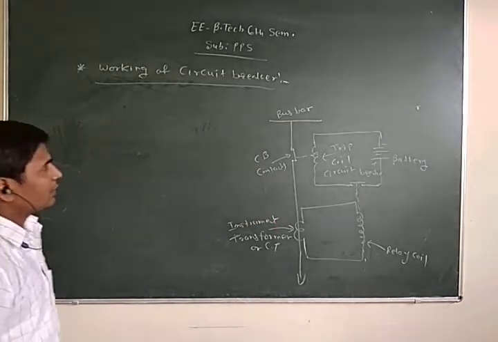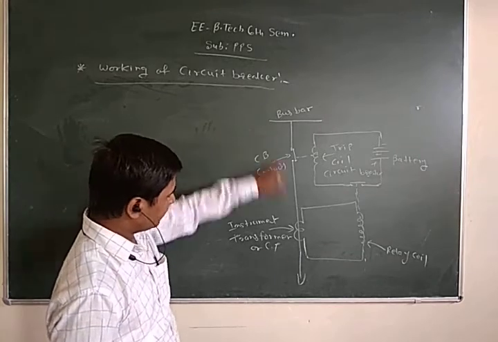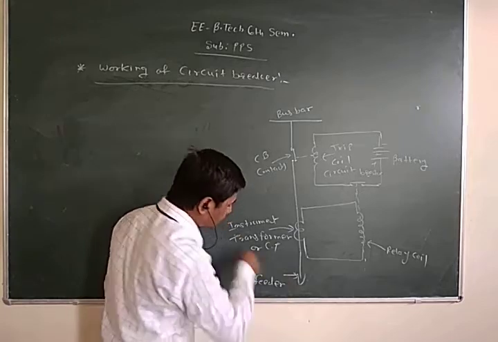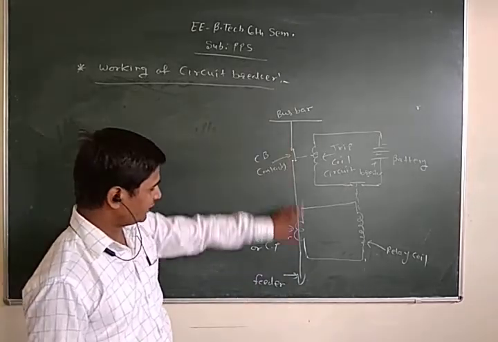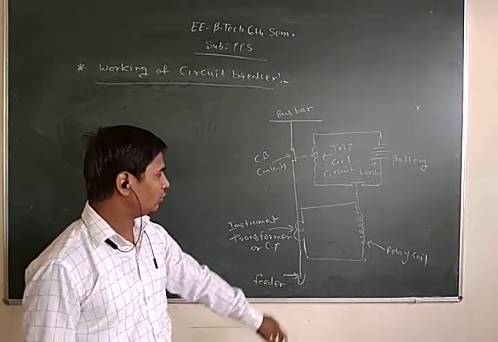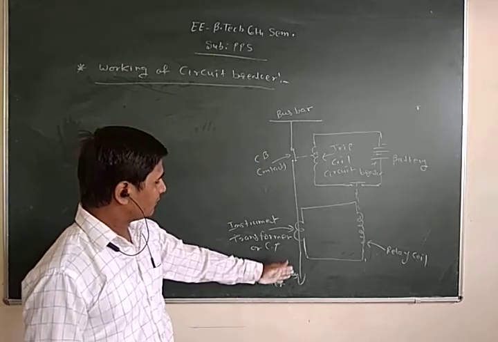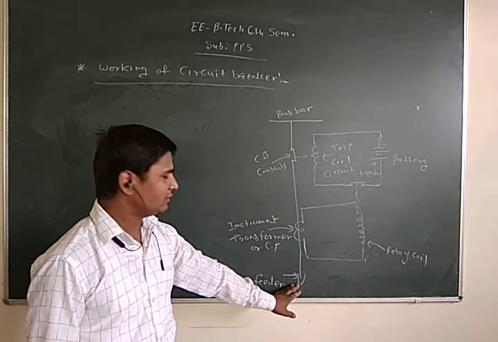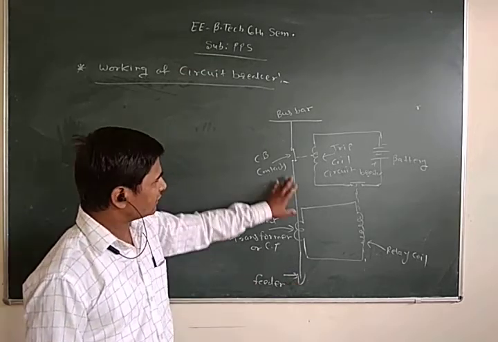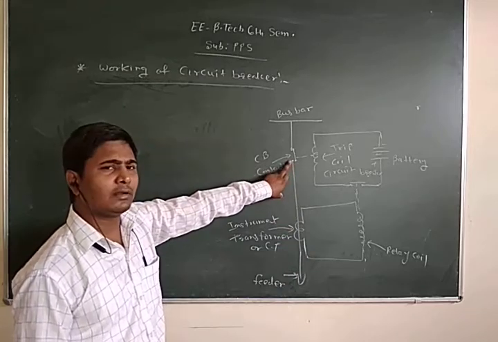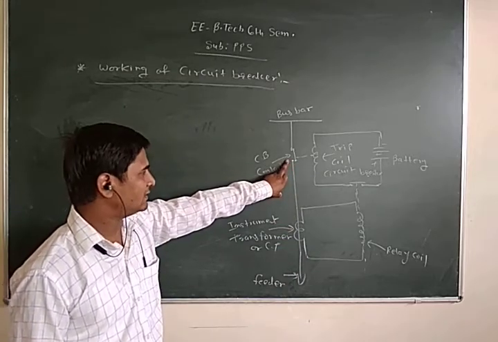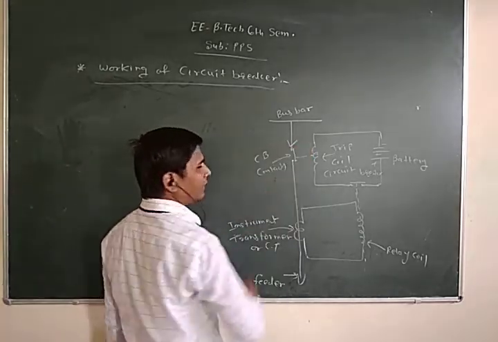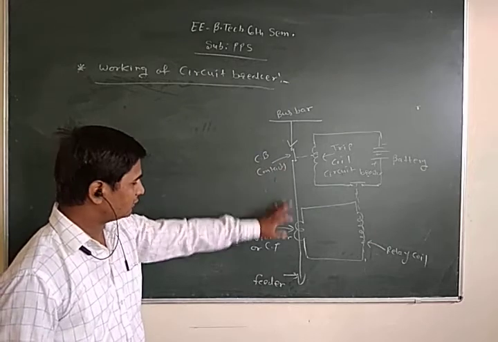First of all, there is a bus bar, and a feeder is supplying power to the load. In normal condition, meaning there is no fault in the feeder, the circuit breaker contacts are in closed position, normally closed, NC. So it carries the rated current or normal operating current.